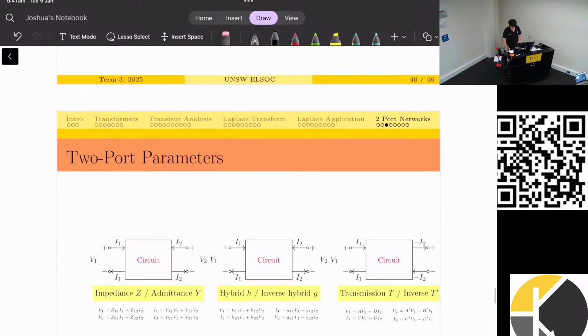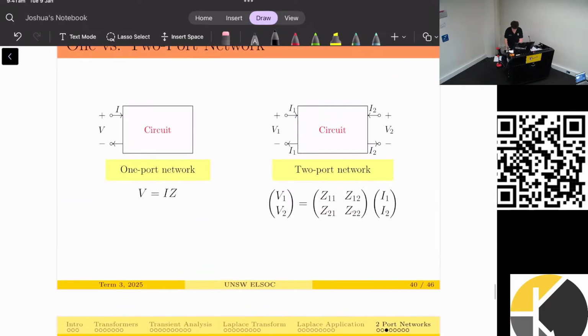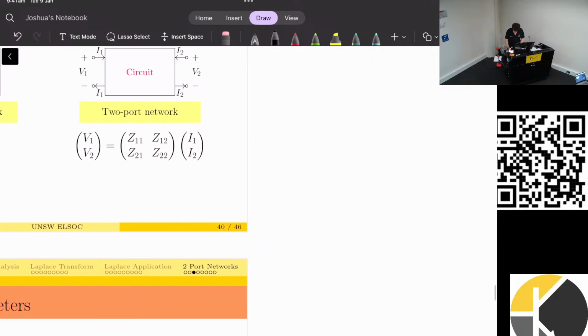When we're calculating two-port parameters, which are just the actual things that characterize this circuit, it's either Z11, Z12, etc. There's a little method we can use, and there's a few ways of doing it, but basically we just want to find a few ratios. In this case, what we actually want to find is V1 on I1, where I2 equals 0.